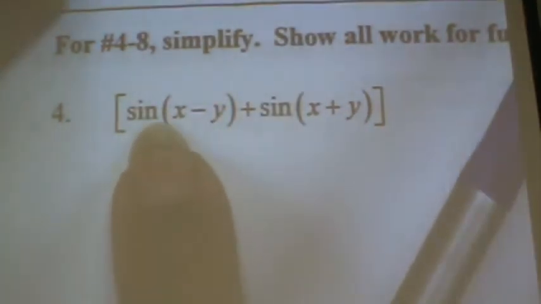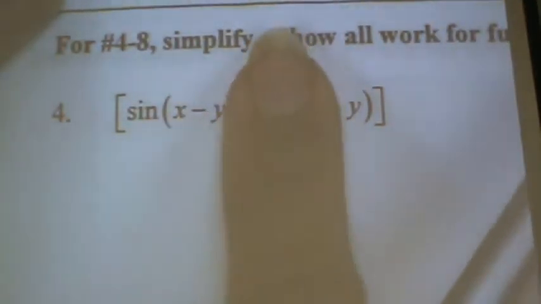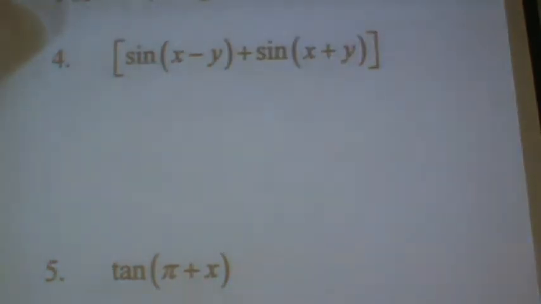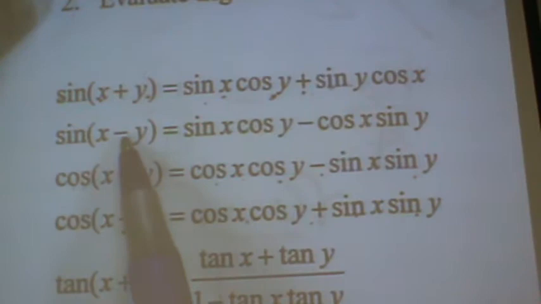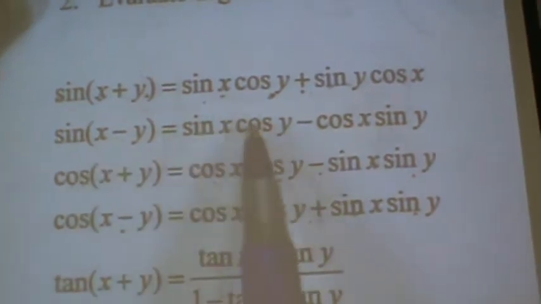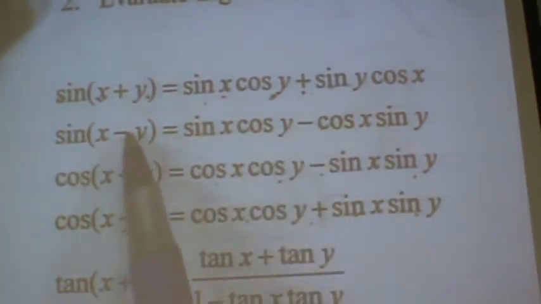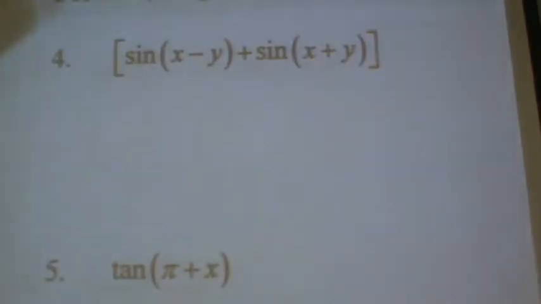Do you remember, if it's a sine, I'm gonna put my finger over that. Do you know how to break this up? You're gonna know these. It's the sine, it's a subtraction one. It's the sine of the first angle, cosine of the second angle, same sign, minus the product of those two.